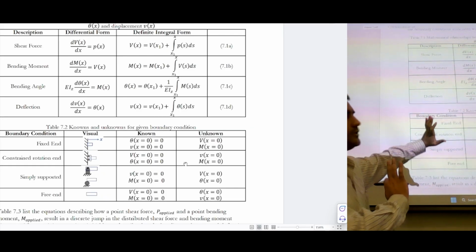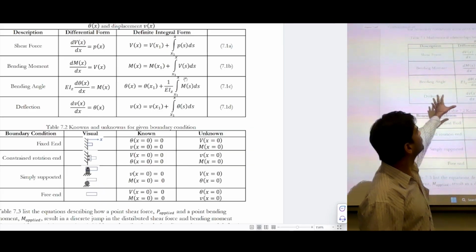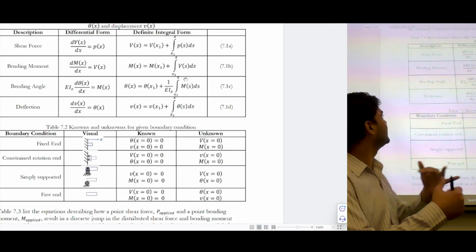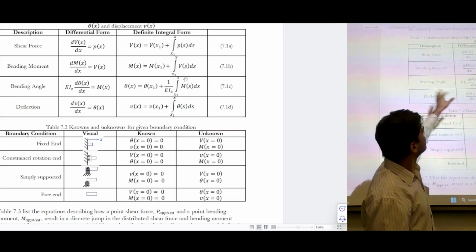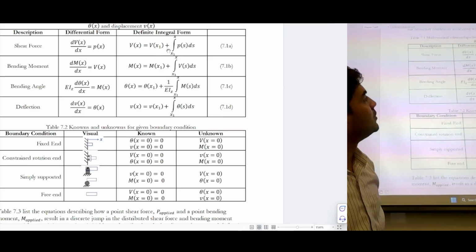This table shows you the boundary conditions, and table 1 shows you the relationship between shear forces, bending moments, bending angle, and deflection. For example, if you integrate the loads, you get shear force. If you integrate the shear force, you get bending moment.